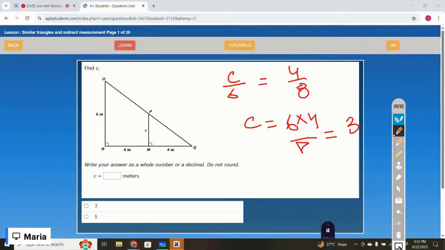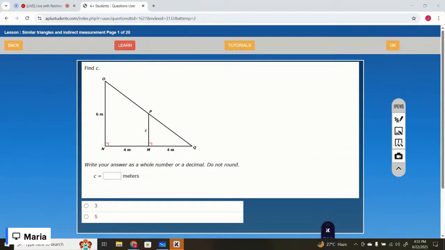Option number 1 is the correct option. 3 it is.